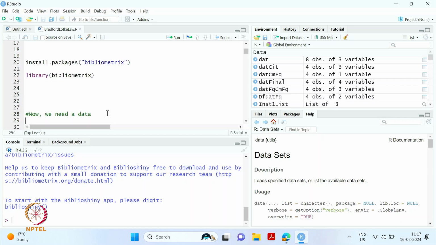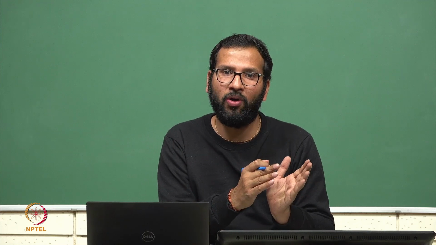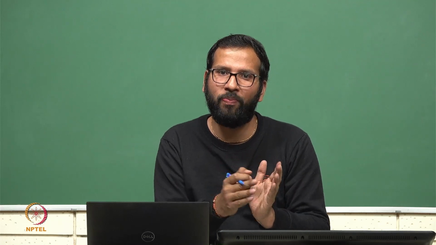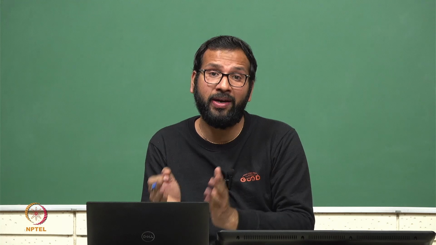Now we need data to do the analysis. One way is to extract the data from bibliographic data sources like Scopus, Web of Science or PubMed. But for testing purposes, we have some data sets.